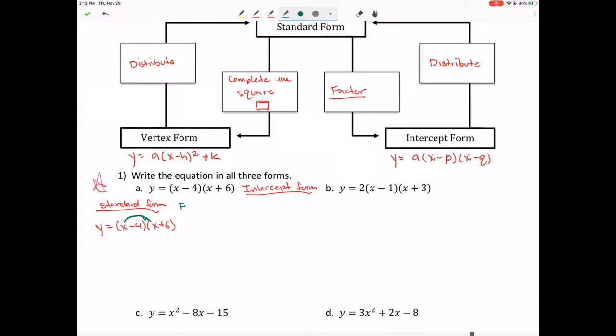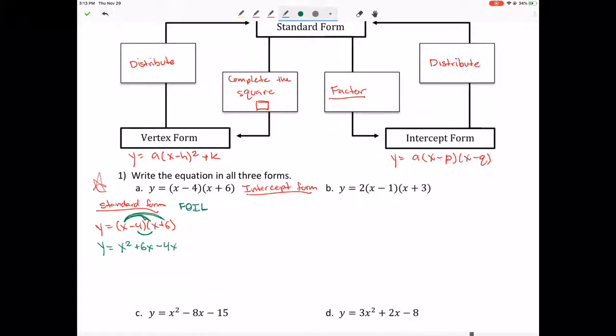So that gives us y equals x squared. The O in FOIL is the outside terms. O for outside, that gives us positive 6x. I in FOIL is the inside terms. That gives us a negative 4x. And then the L in FOIL is the last terms.